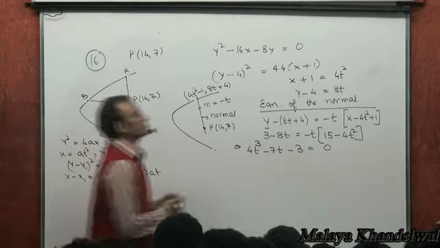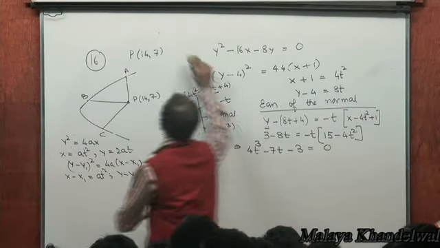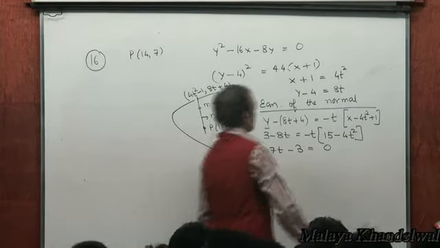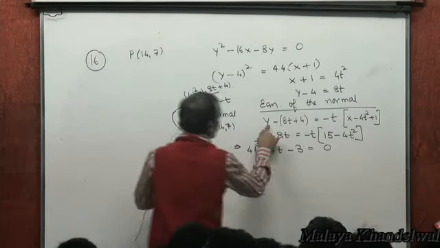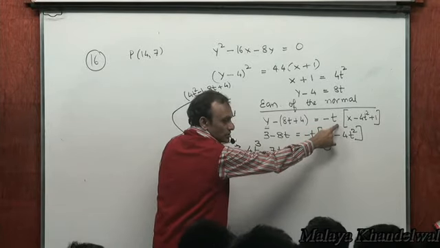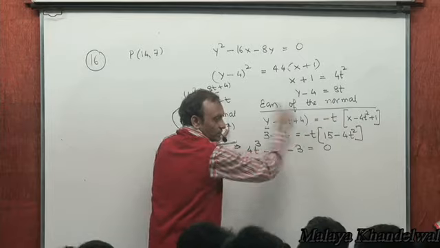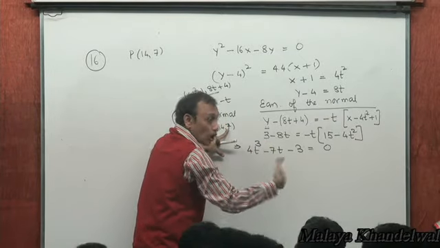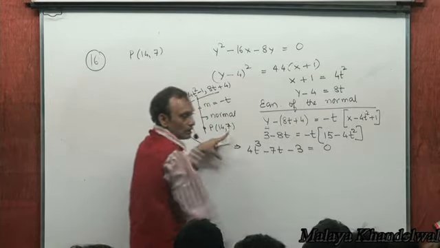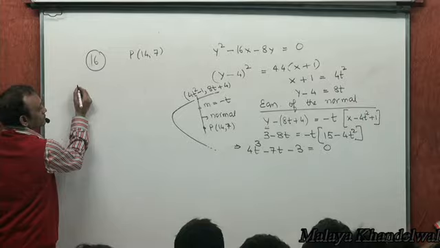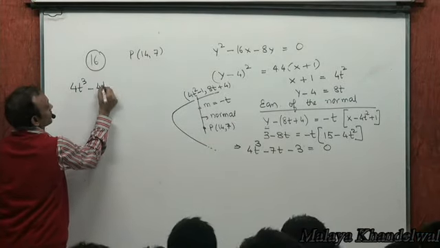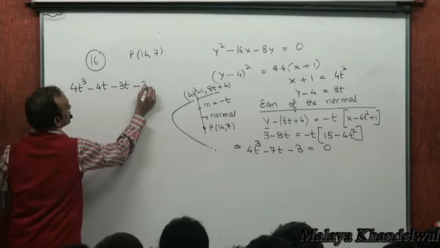Right? Which then will cause the following to happen. Put y equal to 7, x equal to 14. Because (14, 7) lies on this normal, as these are all normals drawn from (14, 7). So 4t cubed minus 4t minus 3t minus 3 equal to 0.